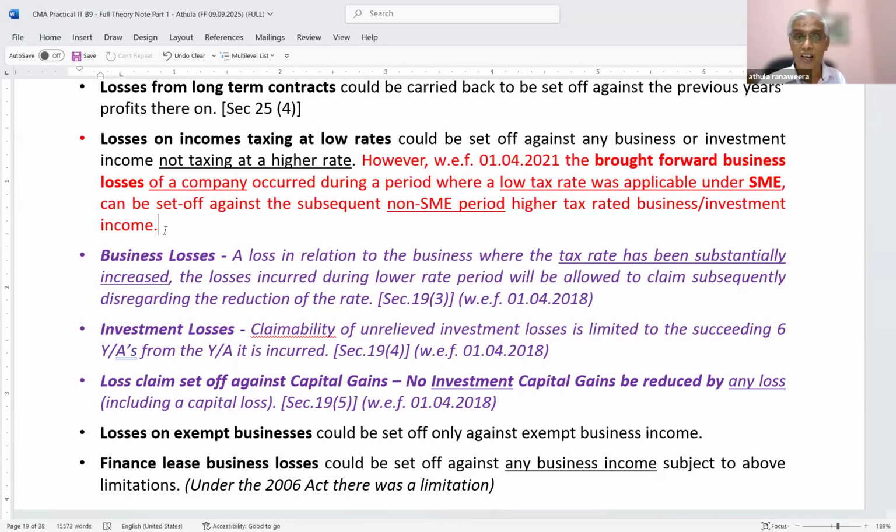Then it is not fair to say you can't claim the brought forward losses, because this SME identification has been given in the tax law to promote the SME. If it is the situation, in tax angle, again, we shouldn't disturb them. Therefore, to be fair, they have covered that here.